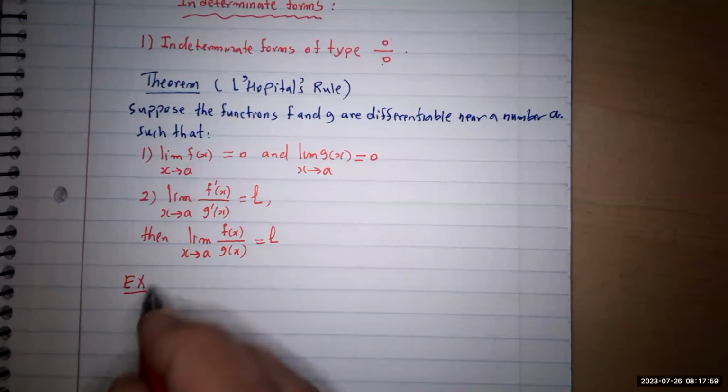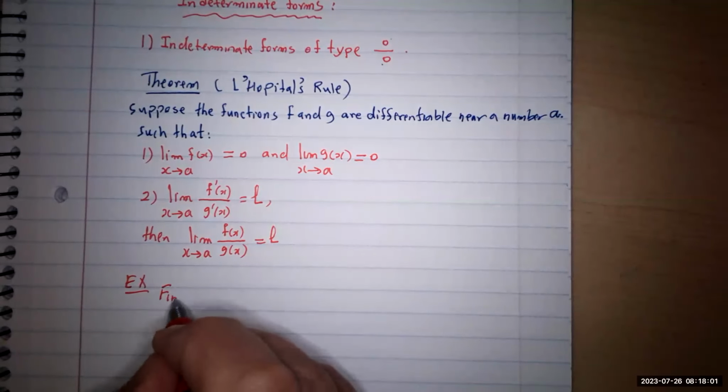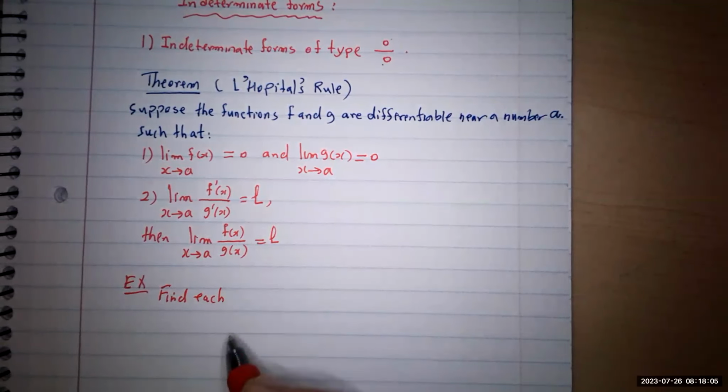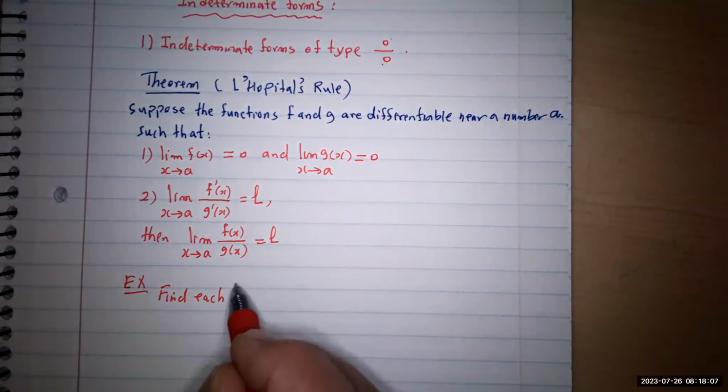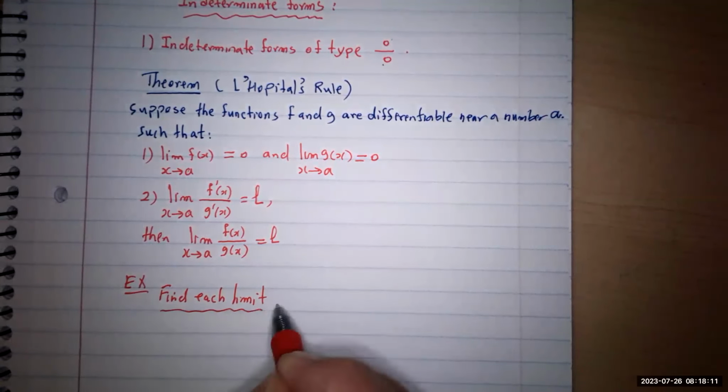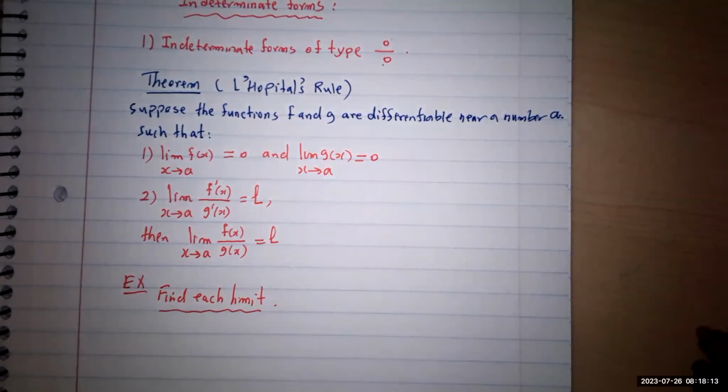I would like you to find each limit. One of them will be given to you on this quiz, and of course on the final. Find each limit. There are a couple of famous ones, and the way we do it is by working on these.